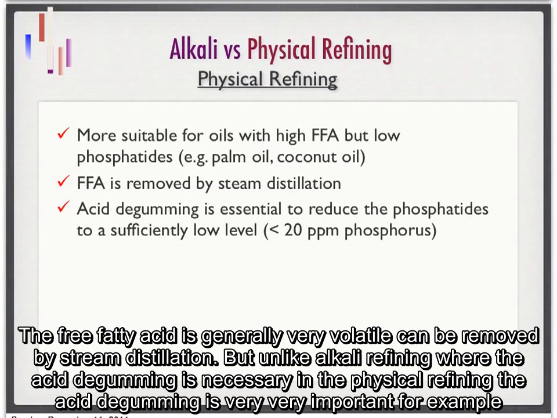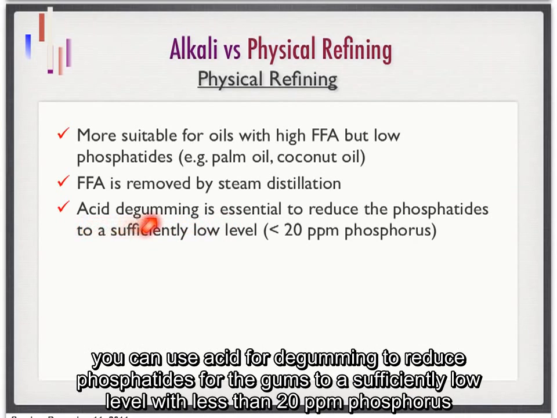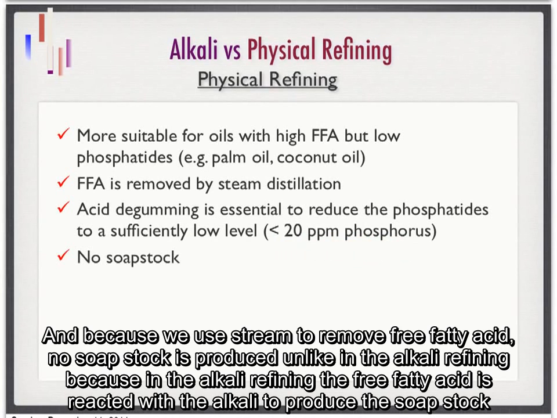But unlike alkali refining, where the degumming step may not be necessary, in physical refining the degumming step is very important. For example, we can use the acid degumming step to reduce the phosphatides, or the gum, to a very low level, usually less than 20 ppm phosphorus. And because we use steam to remove the free fatty acid, no soap stock is produced, unlike in alkali refining, because in alkali refining the free fatty acid is reacted with the alkali to produce a soap stock.